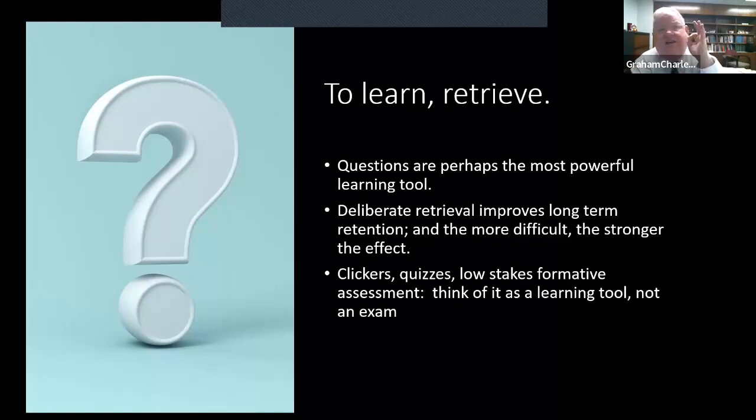Just the use of a question and having a learner try to retrieve the answer, that alone helps. Even if they get the answer wrong, then when they hear the explanation, it makes the learning stick better. And so deliberate retrieval improves long-term retention.